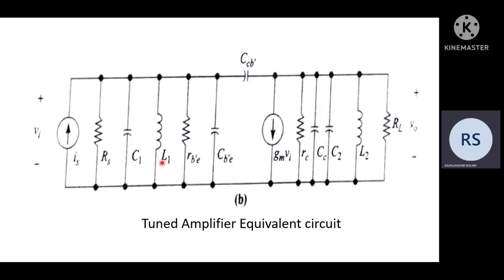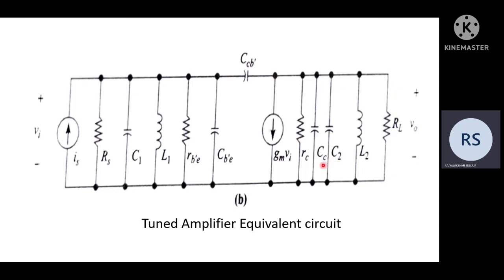Here is V input and V output. RL, the load resistance, and RC, the output resistance of the transistor, are in parallel with the output tuned circuit.